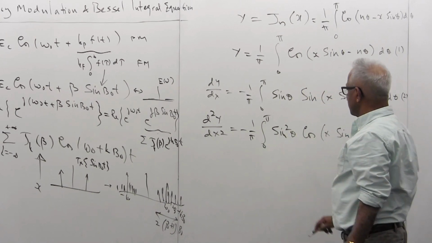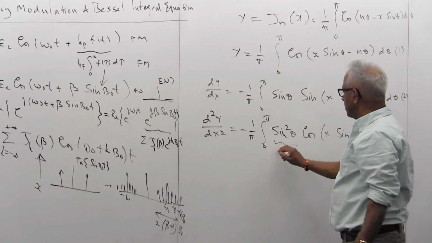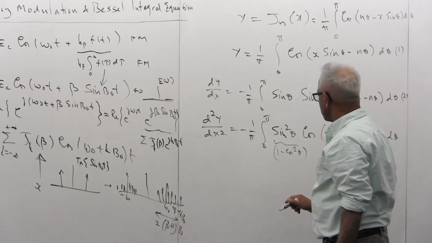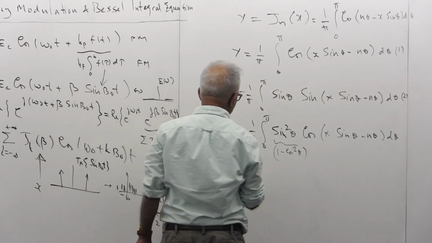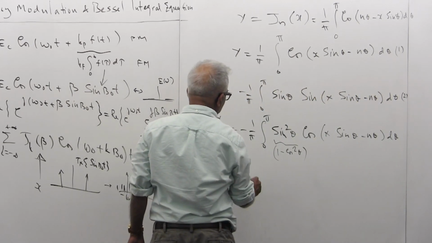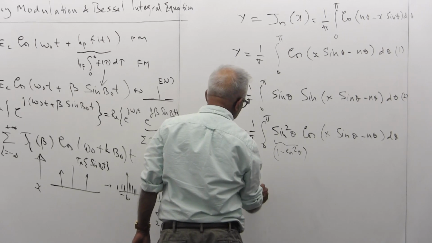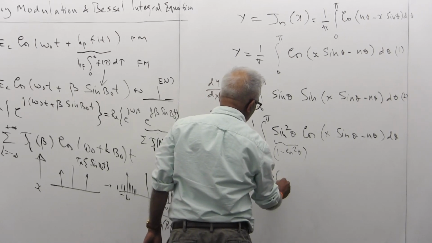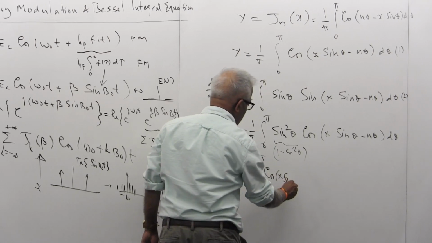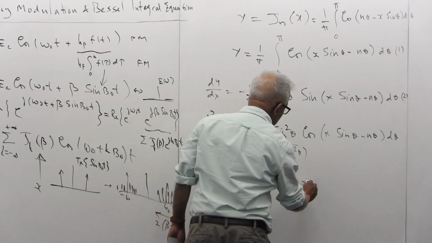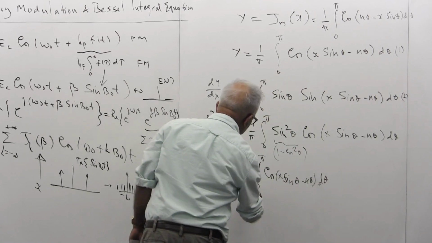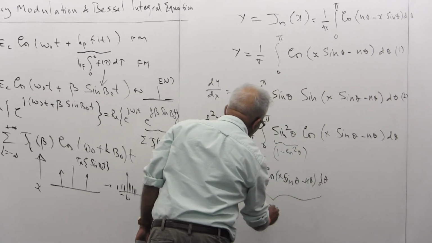But sine squared theta, I can write it as 1 minus cos squared theta. So this will be minus 1 over pi. The first term is 0 to pi cosine of x sine theta minus n theta d theta. But notice this is just y, minus y, the whole thing.